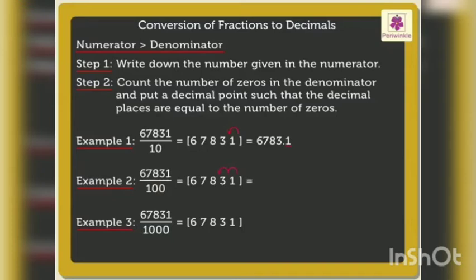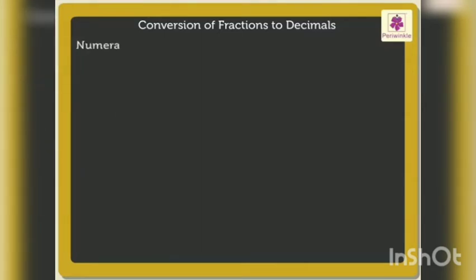Thus, we get 678.31 as the decimal number. In example 3, the denominator has three zeros. So, we count three places from the right towards left to place the decimal point. Thus, we get 67.831.